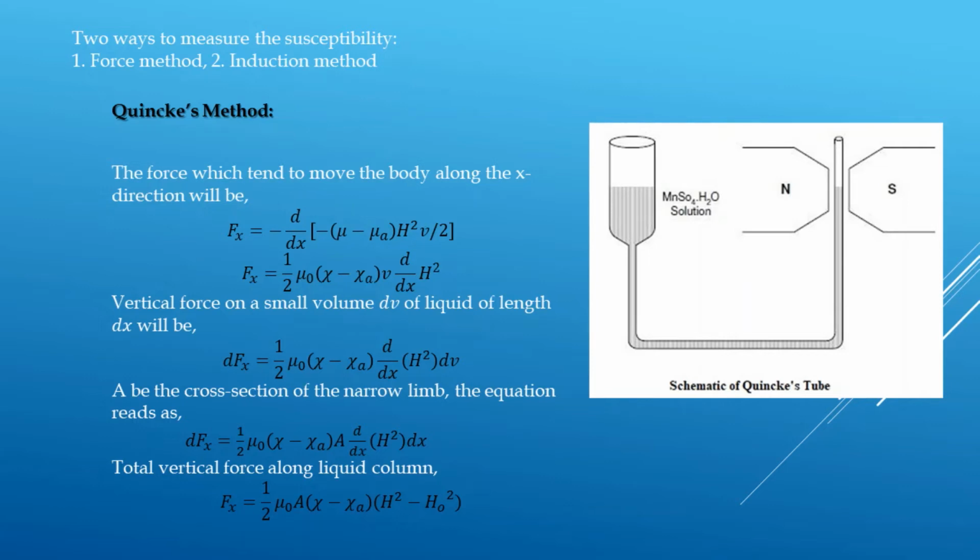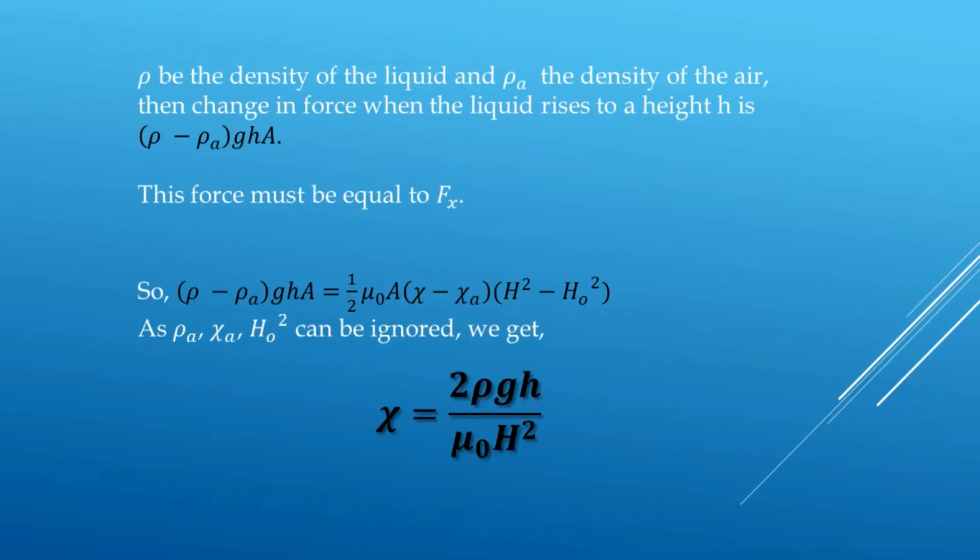So under the magnetic field, the vertical force that will tend the paramagnetic material to rise is half mu 0 A chi minus chi a into h square minus h0 square.